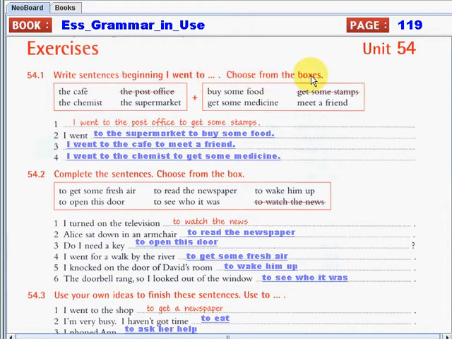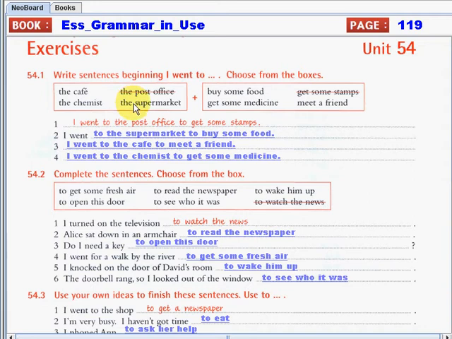So on 54.1, you will choose the beginning or the first phrase of your sentence, but you will begin with the phrase I went to. Okay, and then there is the plus sign here. You'll change it to the word to and choose what is the correct continuation of your first phrase.